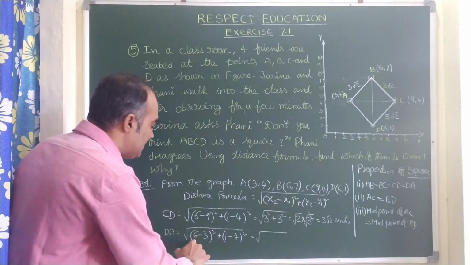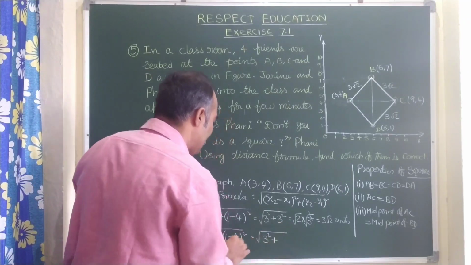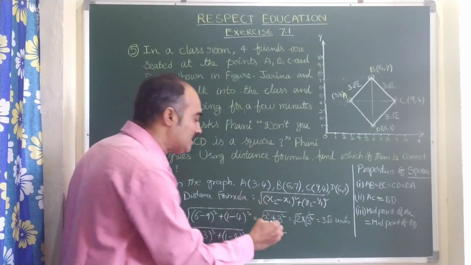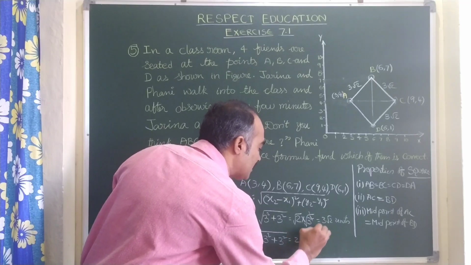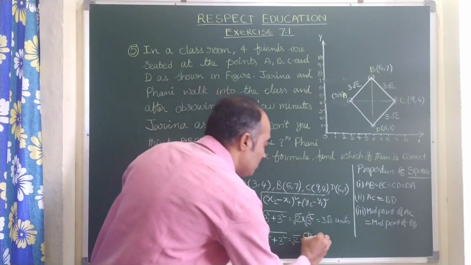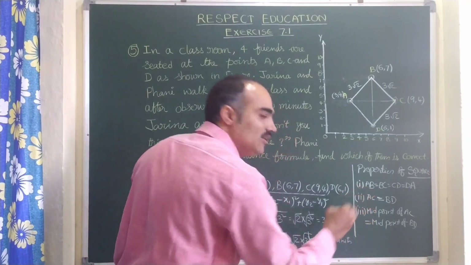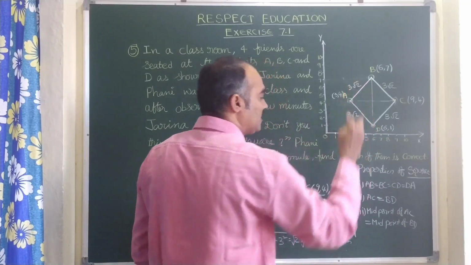This is 6 minus 3 is 3, so it is 3 square plus 1 minus 4 is minus 3, minus 3 whole square can be written as 3 square. So 3 square plus 3 square, again 2 times 3 square. Let us split the square root. Square and root get cancelled here. So this 3 comes first. It is 3 root 2 units. So DA also we got 3 root 2 units.